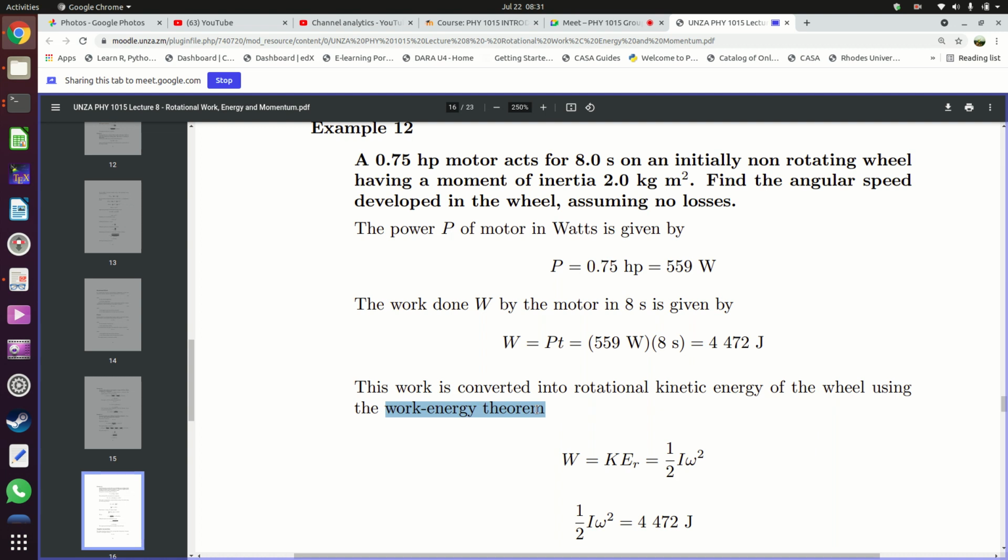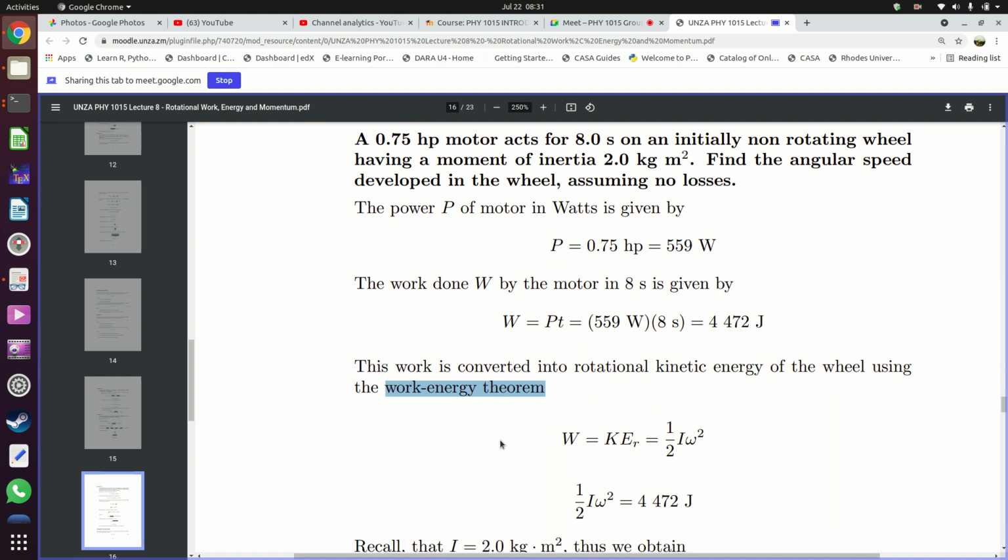When you equate how much rotational work is being done to how much rotational kinetic energy the wheel is going to gain, that's where the physics is. According to the work energy theorem, their magnitude is the same. Are we clear?